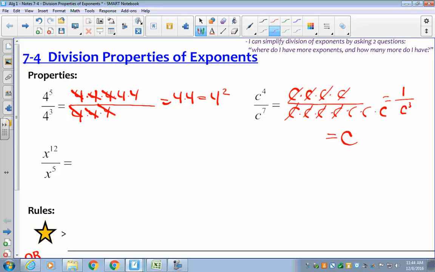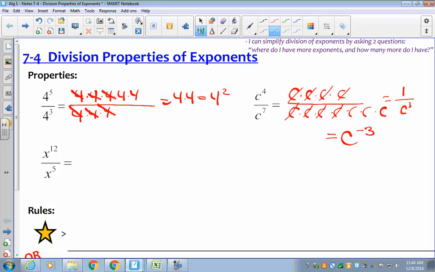Parentheses negative c cubed. So when we move 1 from the bottom to the top or the top to the bottom, the sign on our exponent changes. So we have, this is the same as c to the negative 3.